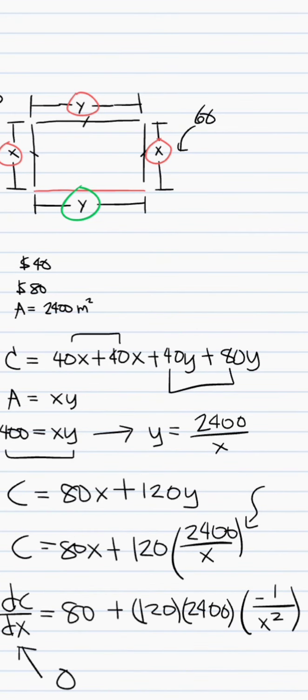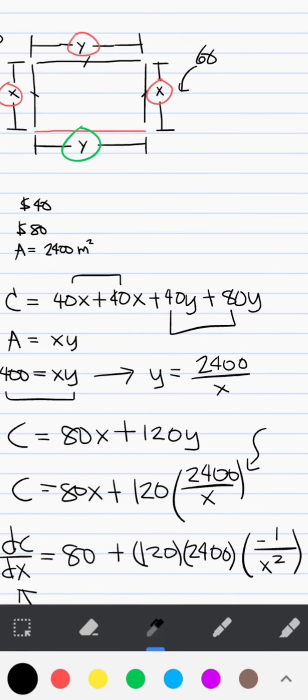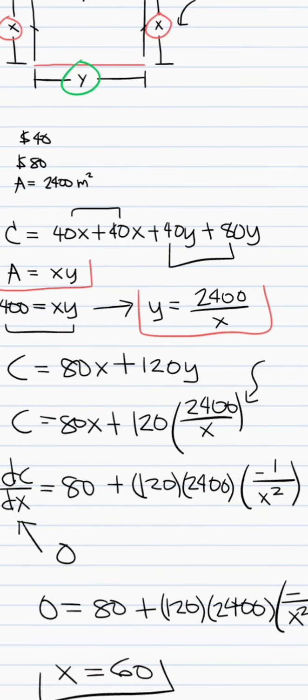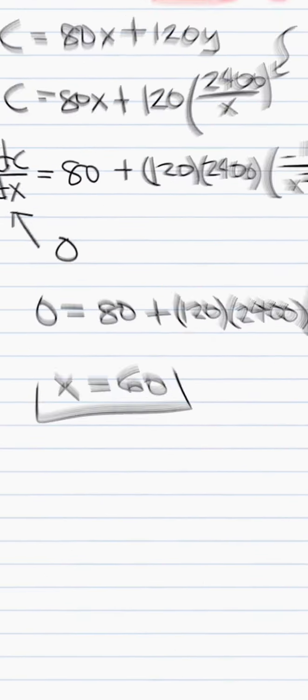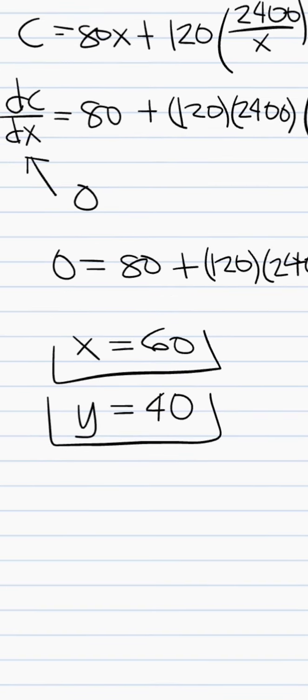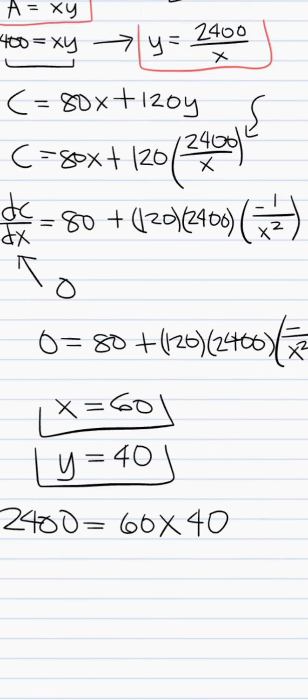Now that we have the measure of one of the sides, we just have to substitute that into this equation to solve for the y value, and we should get y is equal to 40. So if you multiply 60 by 40, that should be 2,400, right?